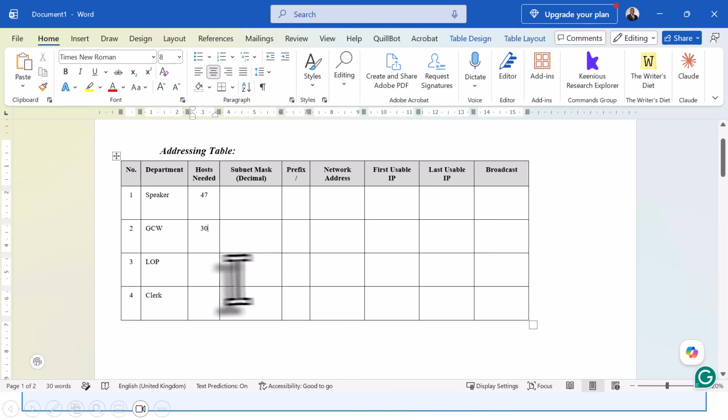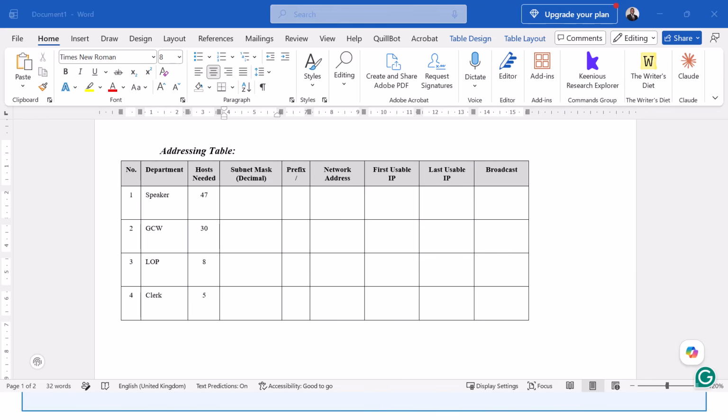The leader of opposition only has 8 users, and the clerk to parliament has 5 users. All right, this is what is required. Remember, our rule of thumb is to first rearrange these from biggest to smallest. We have done that already, and we have partly filled in our table.